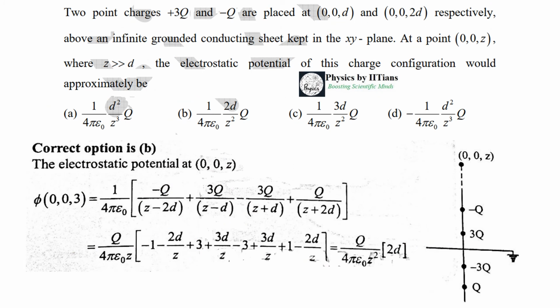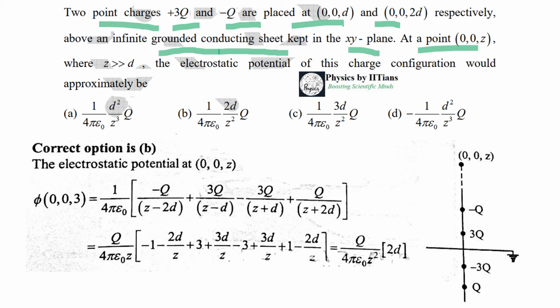Let us take another example. So the question: 2 point charges of plus 3q and minus q are placed at 0,0,d and 0,0,2d respectively above an infinite grounded conducting sheet kept in the xy plane.